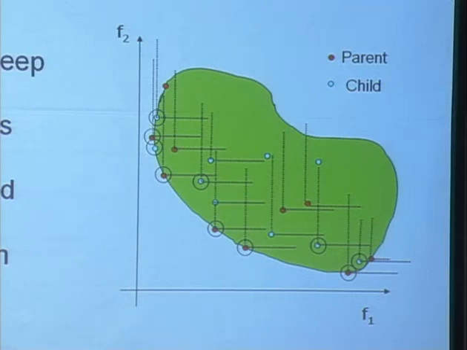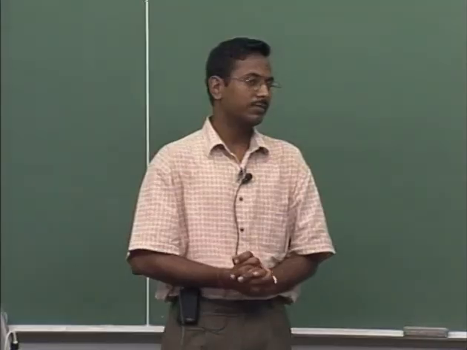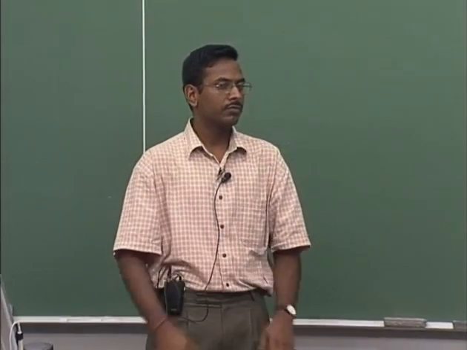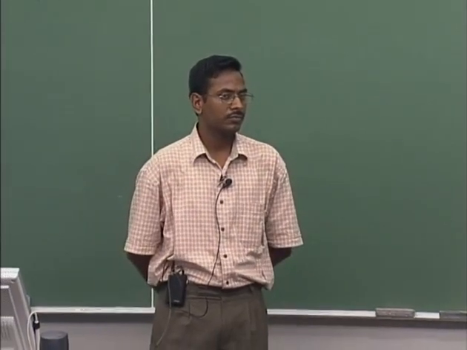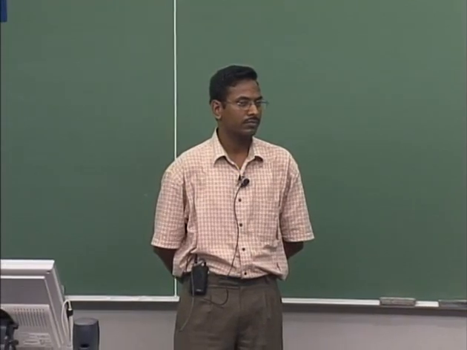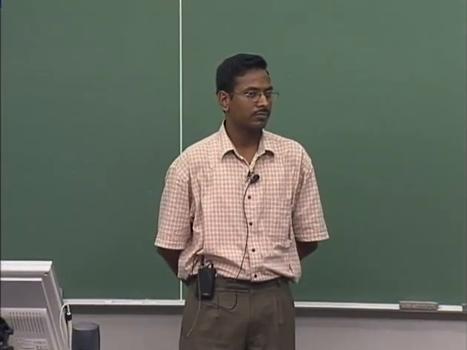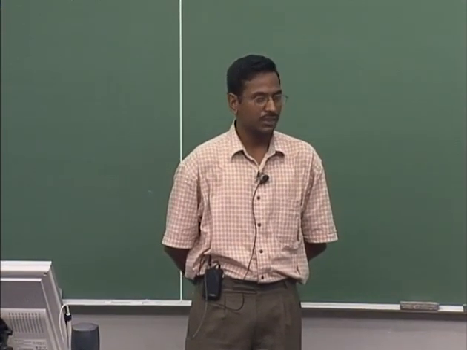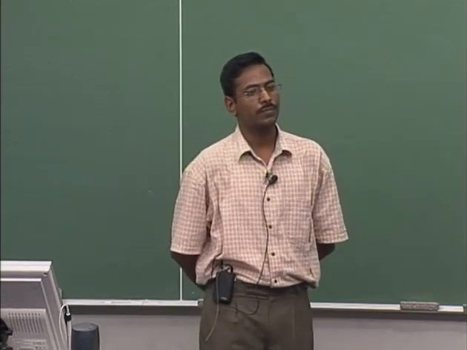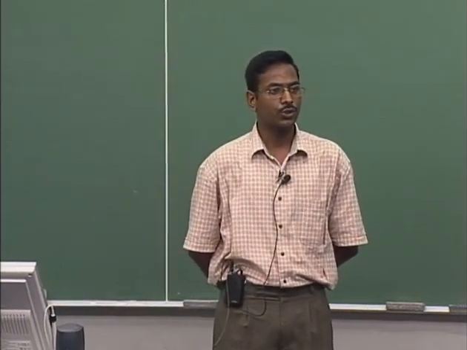Okay. Is this clear, or do you have some questions? I have a question. So the ranking criterion is used to differentiate the better points and the normal solutions. Am I correct? Yes, ranking is used for identifying the best solutions.